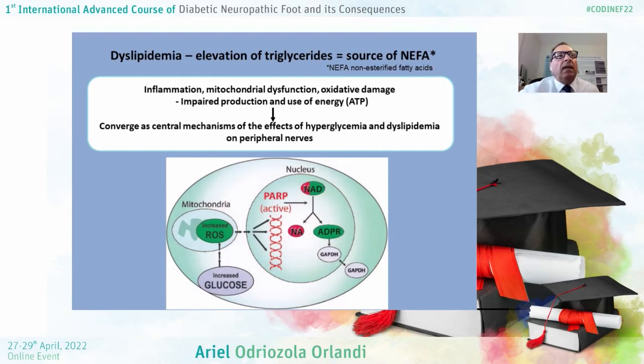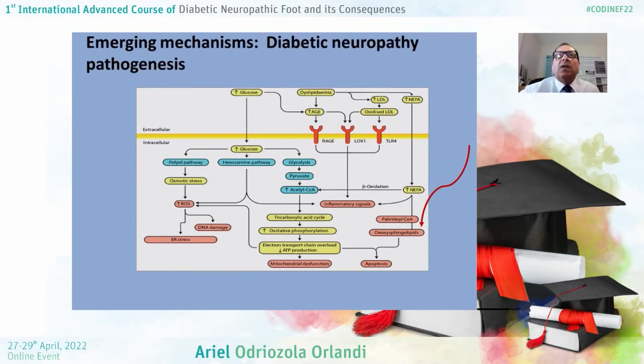And here you can see a newly emerging mechanism of diabetic neuropathy pathogenesis. These are the deoxysphingolipids, which promote apoptosis and play a role in decreasing ATP production in the electron transport chain in the mitochondria, promoting mitochondrial dysfunction.